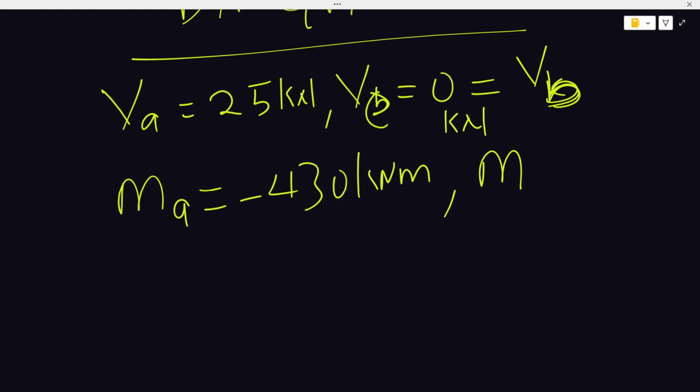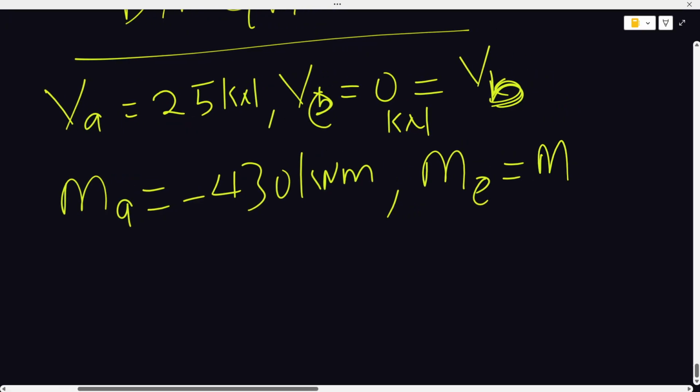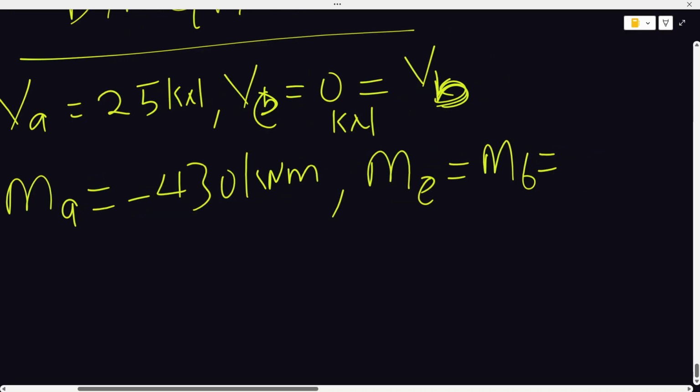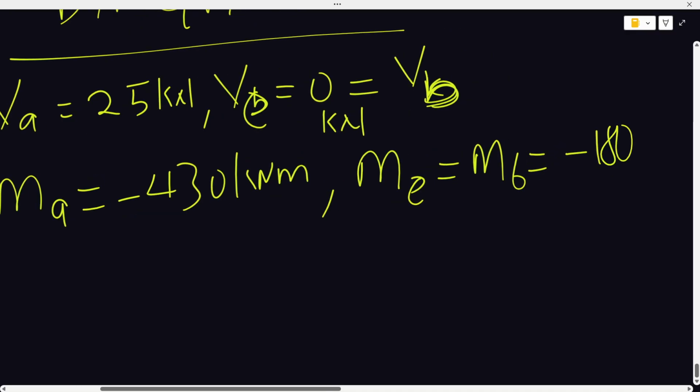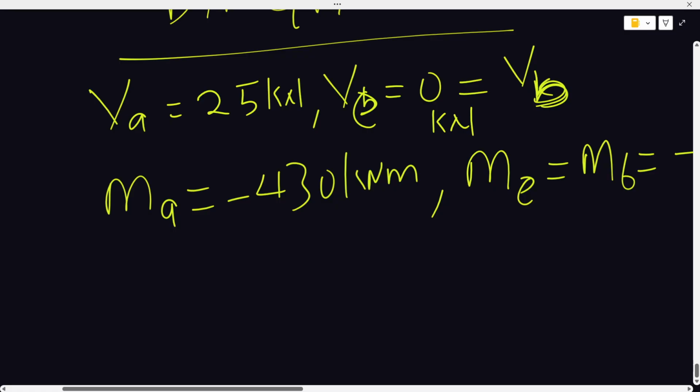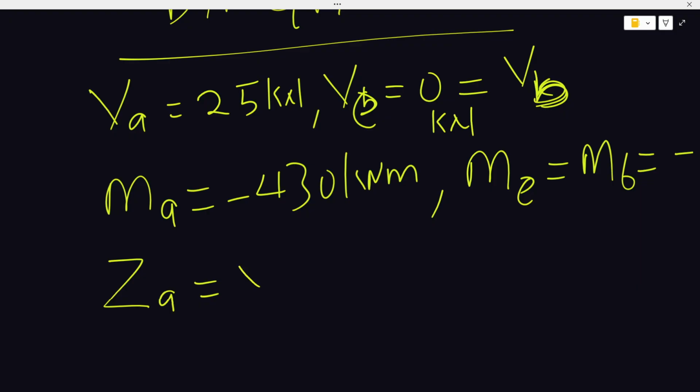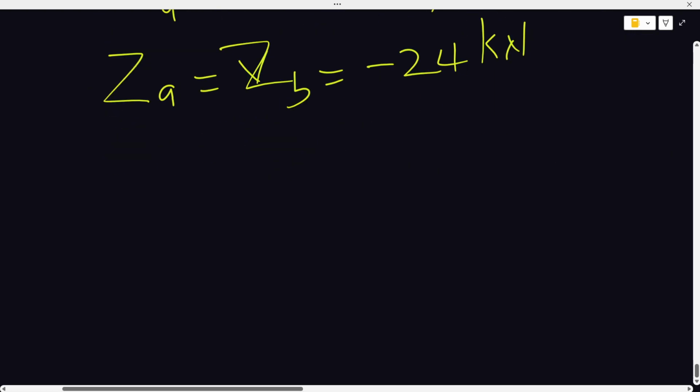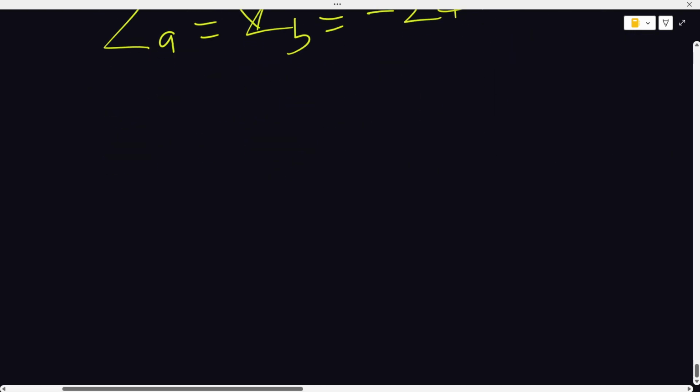Our ME was equal to our MB, which was equal to minus 180 kilonewton meter. And for the axial force, ZA was equal to ZB, which was equal to minus 24. Knowing all this, we can now draw for that particular member our shear force and bending moment.